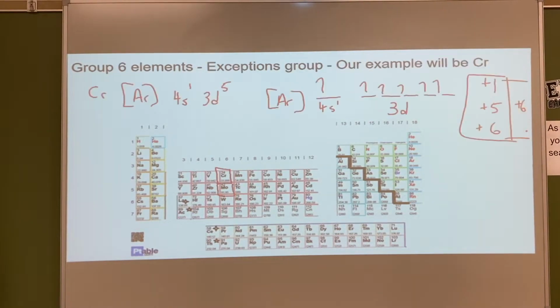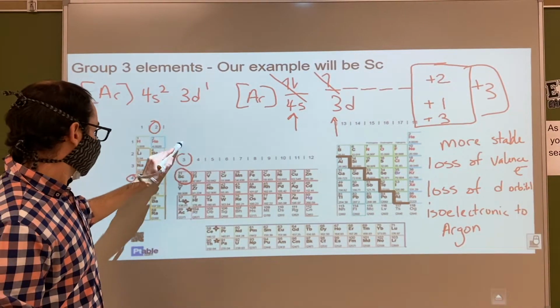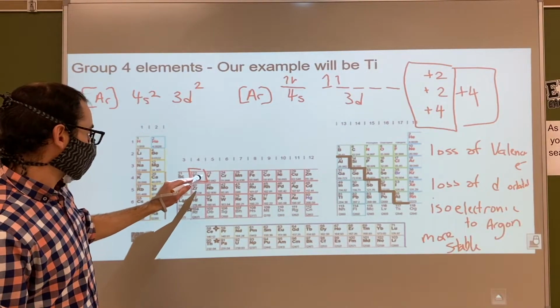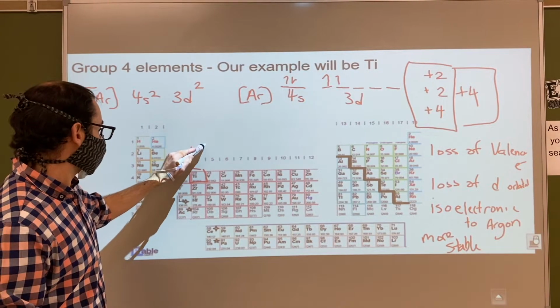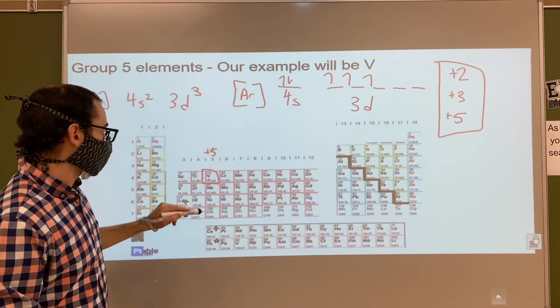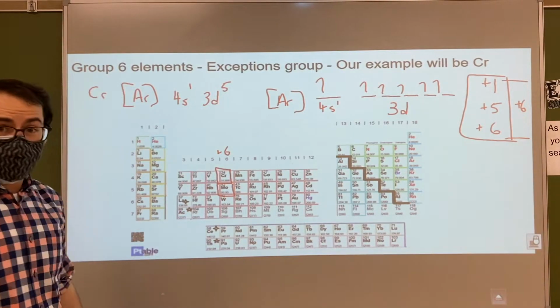All right, so right now, let's recap. We have scandium, +3. That's the best charge we came up with. Titanium, we said +4. Vanadium, we said +5. Chromium, we said +6. All right, you see this trend?